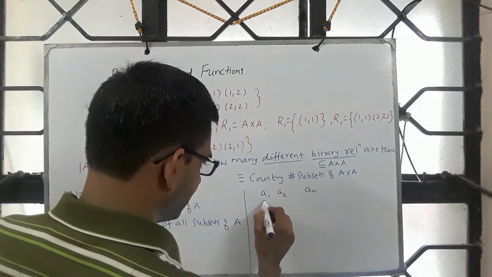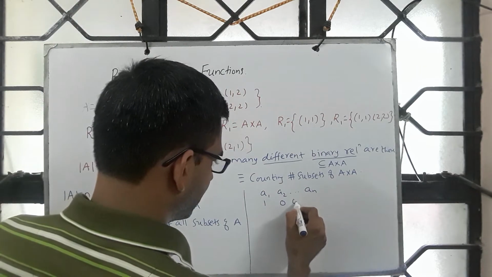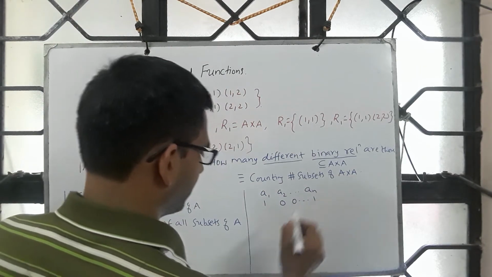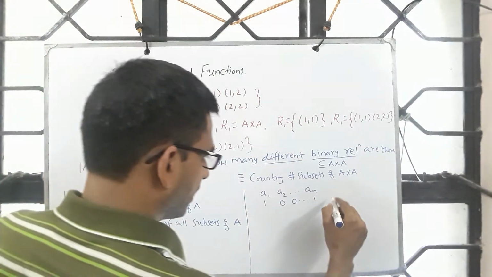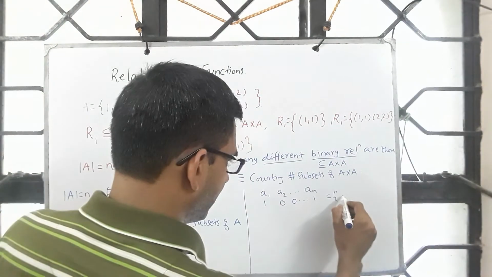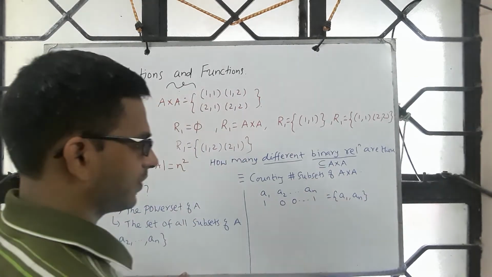If it is present, I say 1. If it is absent, I say 0. For example, this is one possibility, which gives a subset containing A1 and An.